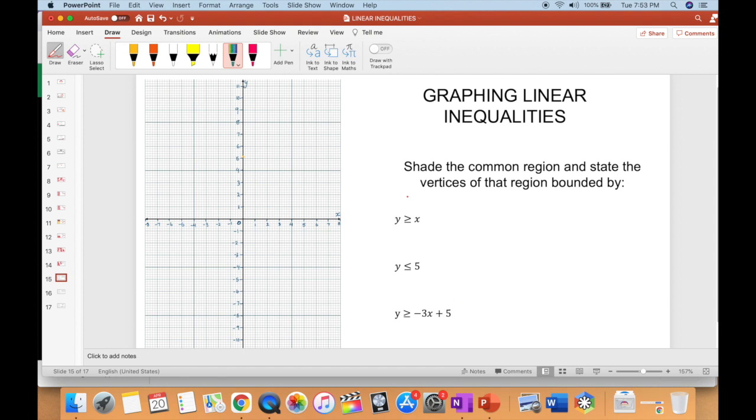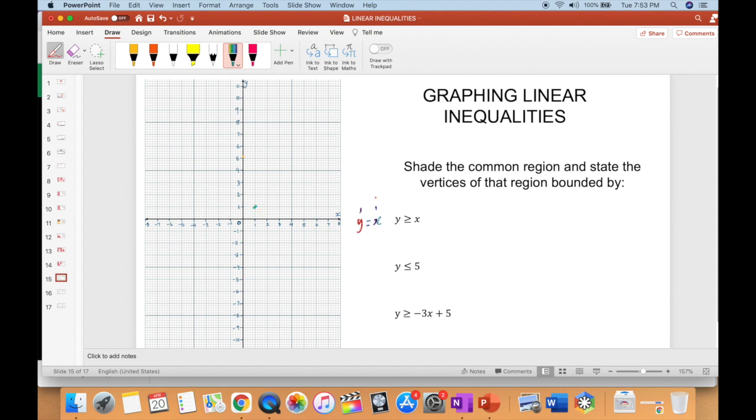So let's take this and see how this is going. First, we have to do the line y is equal to x. And of course, if we could plot the 2 points, well, when x is 1, y is equal to x, so y will also be 1. So we have the first point 1, 1.